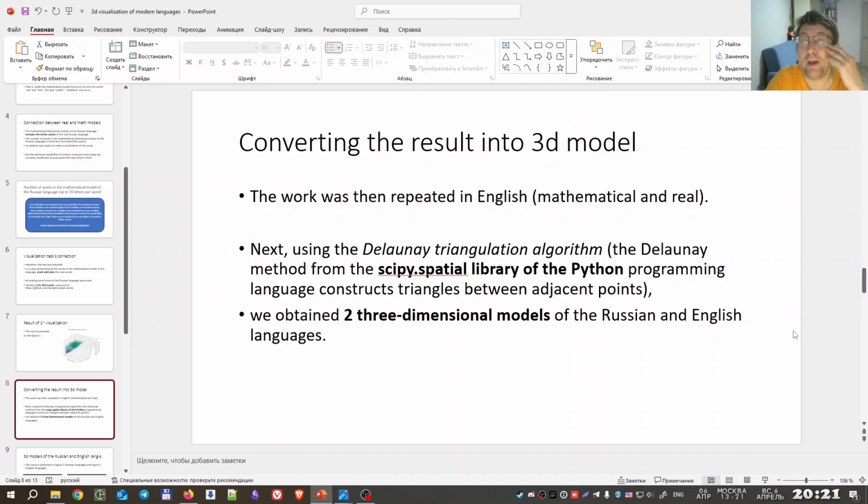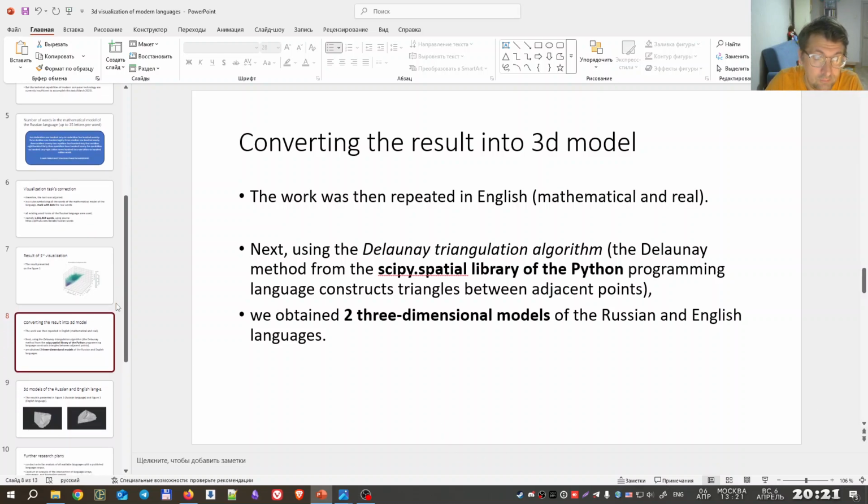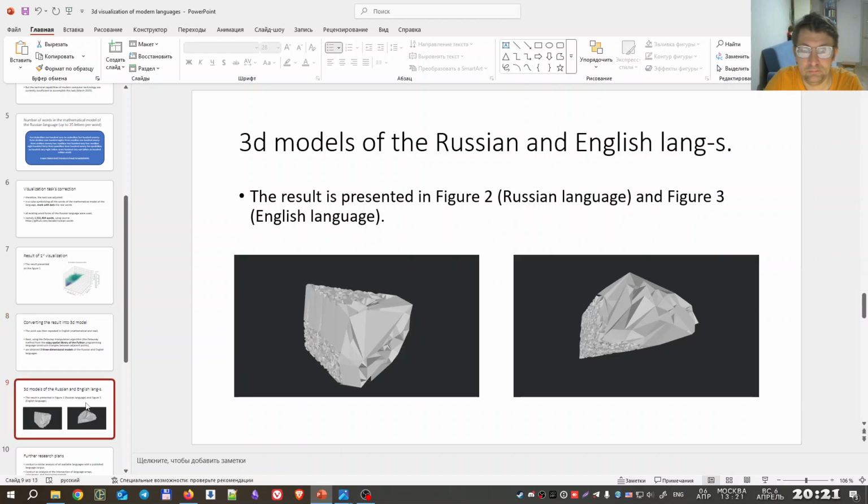With Python and this algorithm we just transfer this graphic into the 3D model. So what is it going to be? Just like that. On the first figure it's the Russian language, on the second figure it's the English language. So now we can work with that. Wonderful.